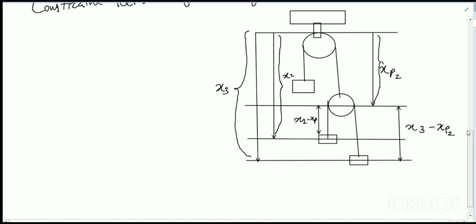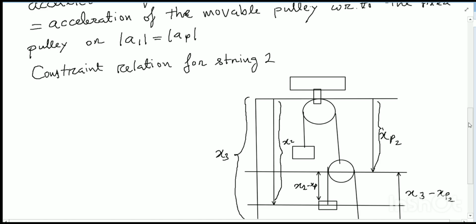XP is the total distance, X2 minus XP2 and X3 minus XP2. This length is constant, so we can call it L2.